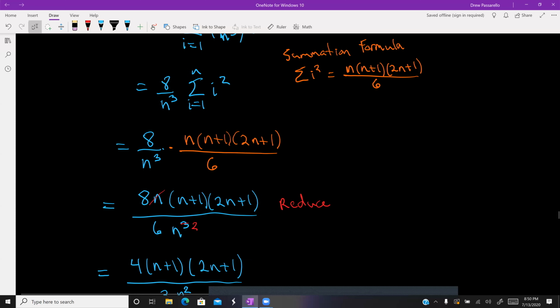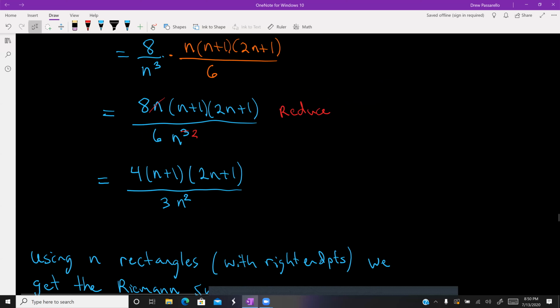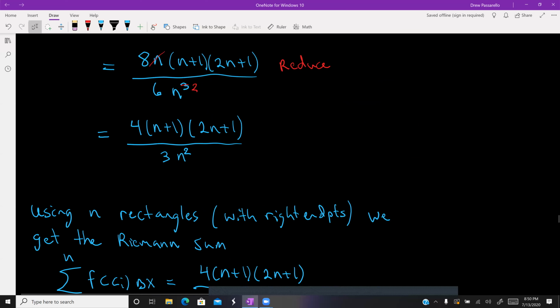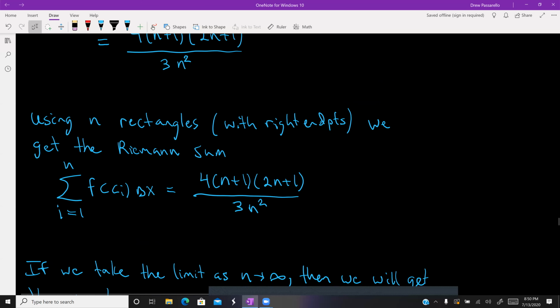Well, I can cancel out n from n cubed to make it n squared in the denominator. And then 8 over 6 can be reduced to 4/3. So using n rectangles, provided that we use the right endpoints, we get the Riemann sum to be this: 4 times n plus 1 times 2n plus 1 over 3n squared.